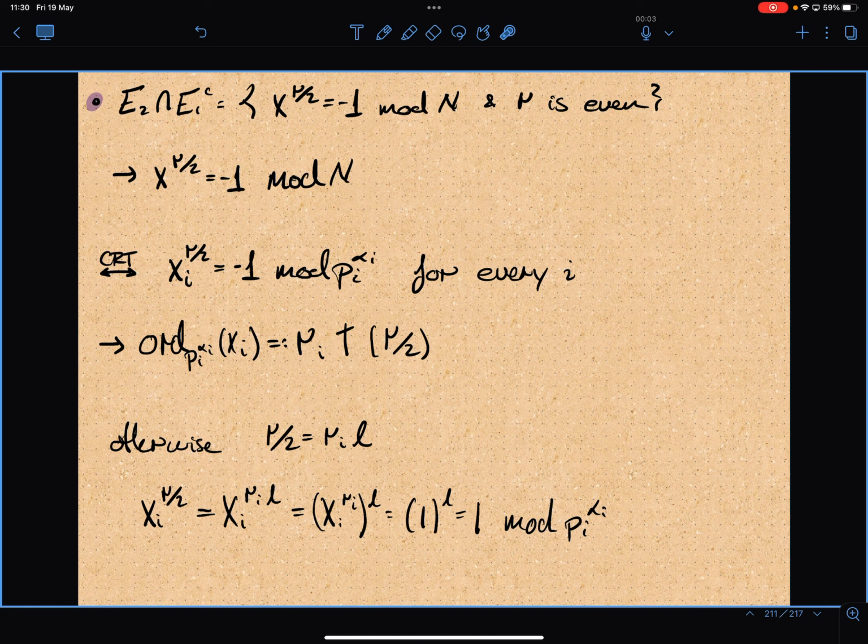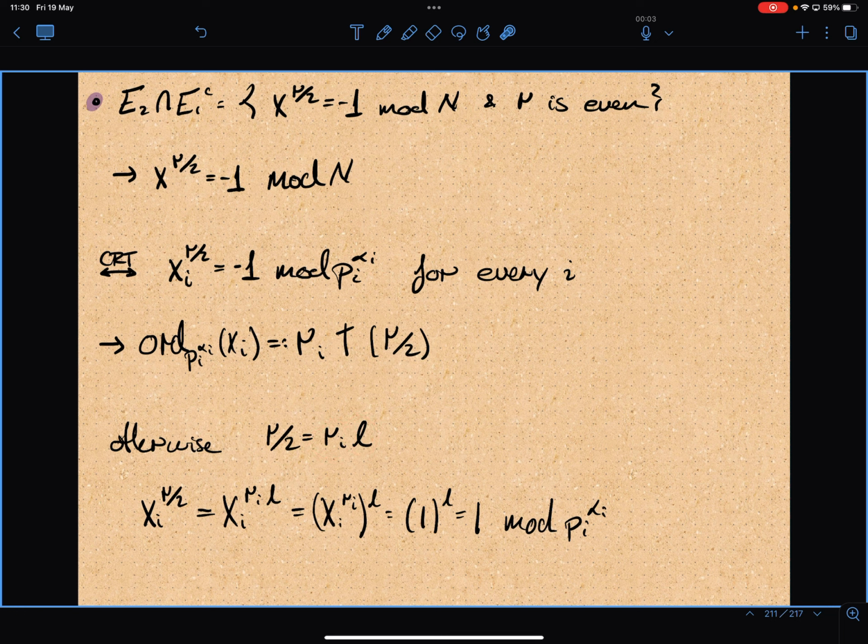And since we have that xi to the r/2 is equal to -1, then the order of xi mod pi^alpha_i, denoted ri, does not divide r over 2. And we can see that that's true, because otherwise, if ri divided r over 2, then we could write r over 2 as a multiple of ri, so ri times some integer l.